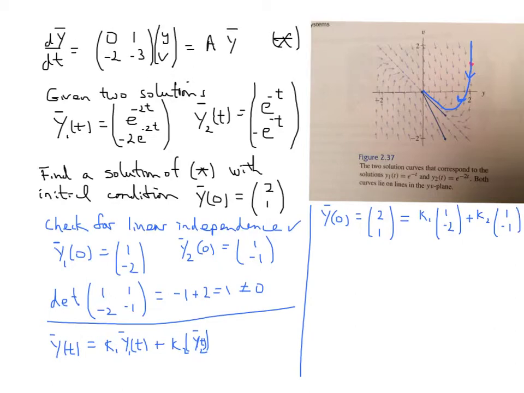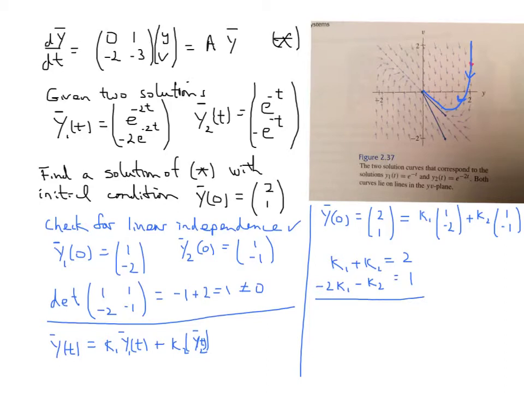And this leads to a system that says k1 plus k2 will be 2, and -2k1 minus k2 has to be 1. So I'm just reading across. The k1 multiplies the 1, the k2 multiplies this 1. That sum has to equal 2, and when k1 multiplies -2 and k2 multiplies -1, those two have to add up to be 1. Two equations, two unknowns, easy for us.